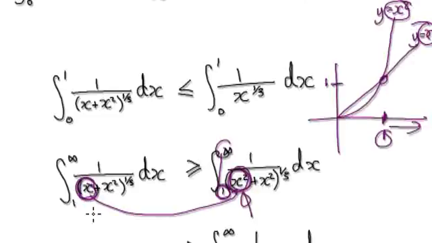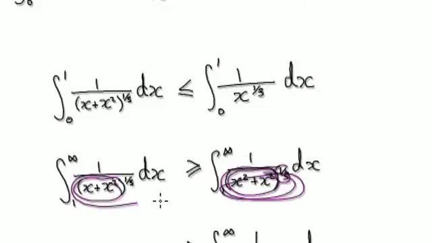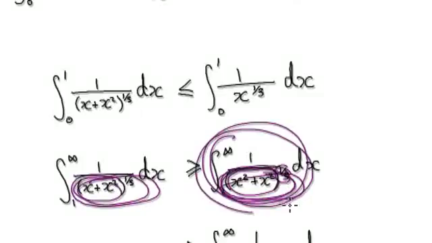If this is bigger or equal to this, then the denominator here will be bigger than this denominator. When you cube root it, the whole denominator still remains bigger. If the denominator is bigger, then the overall thing will be smaller than this thing.